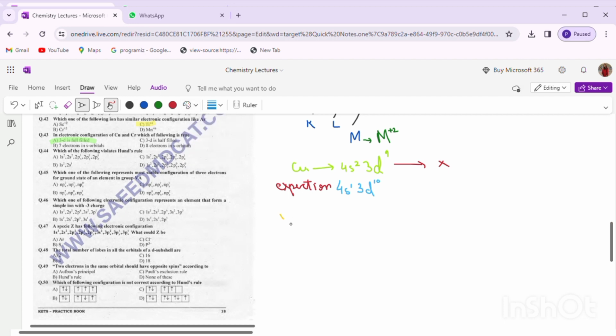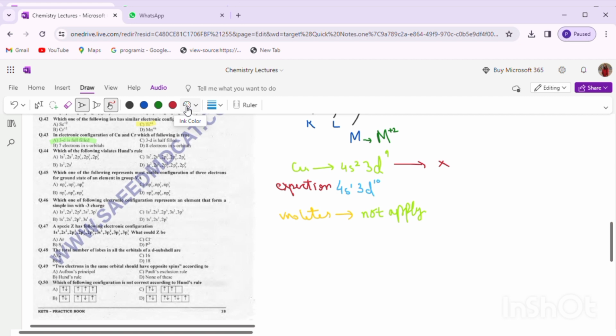So violate means not to comply with, not apply, right? So we need to identify the correct option for it, right?